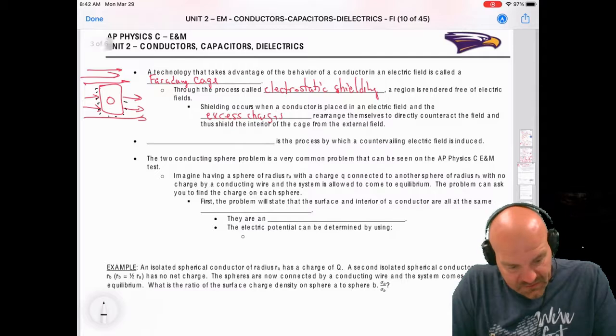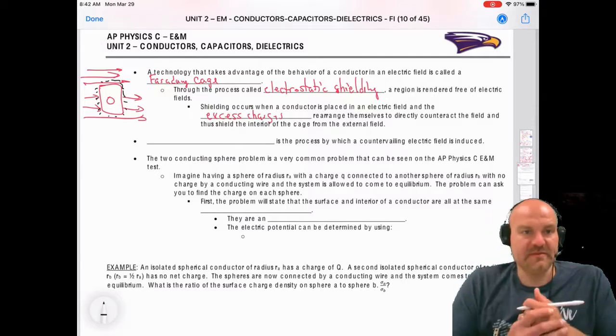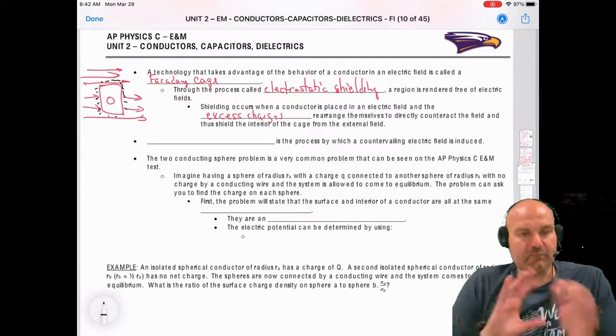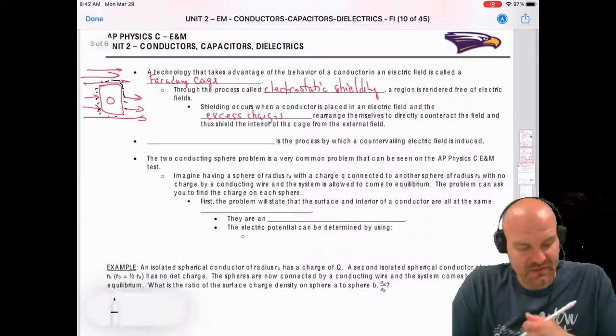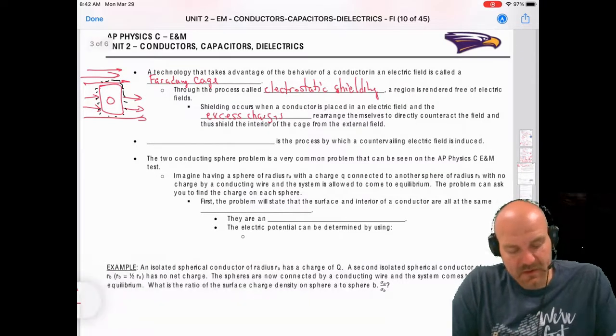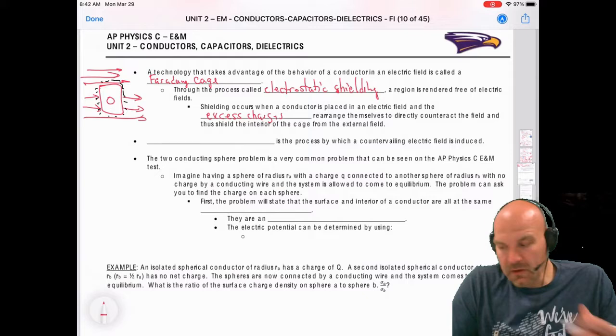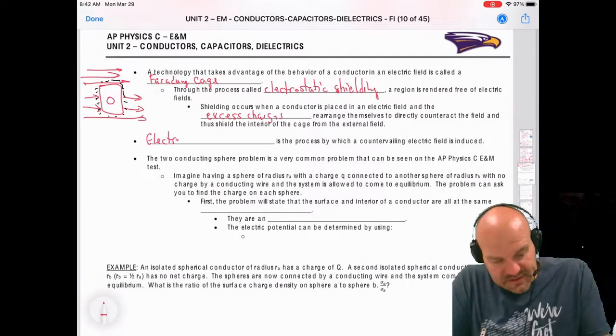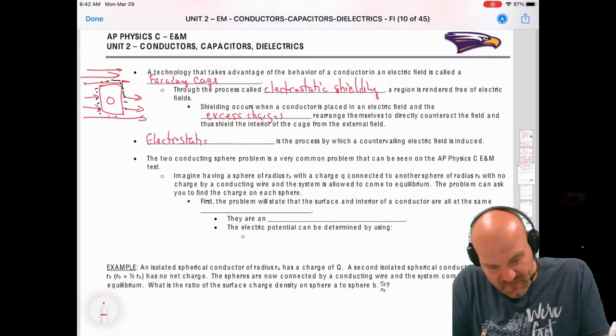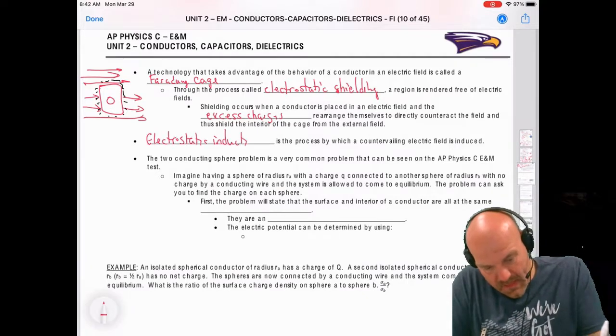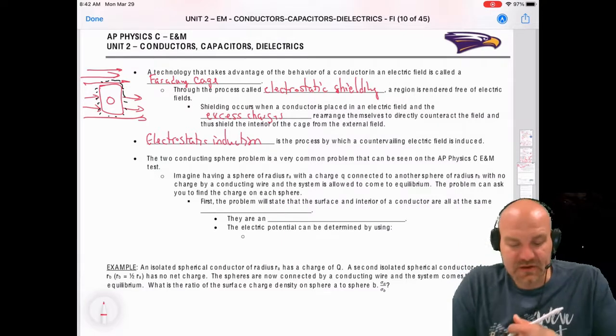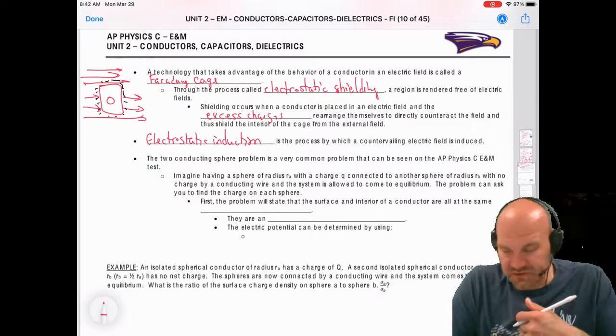If this is a positive field, the charges align themselves negatively on the outside and they cancel out that field as it's coming in. Electrostatic induction is the process by which a countervailing electric field is induced.